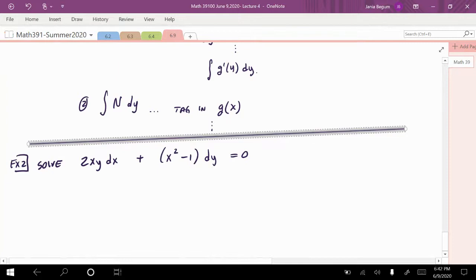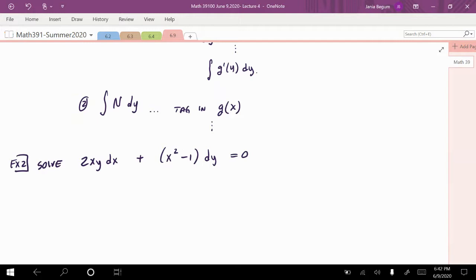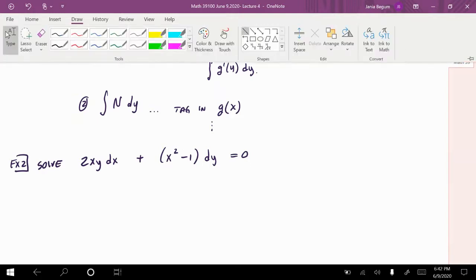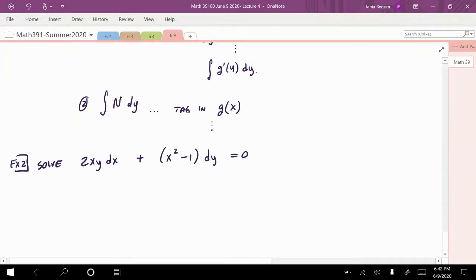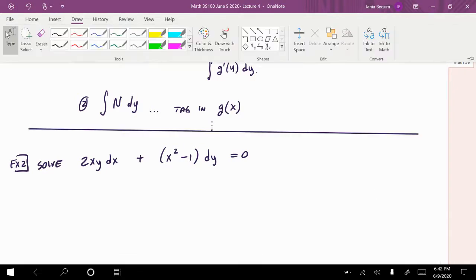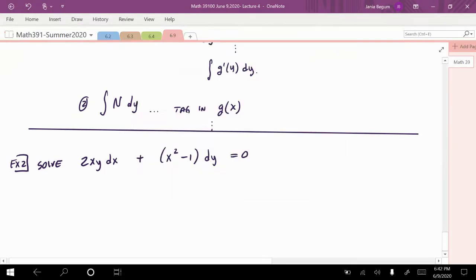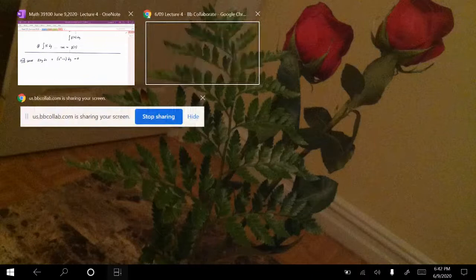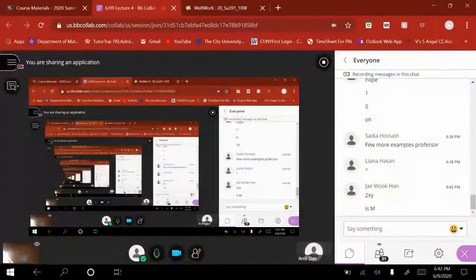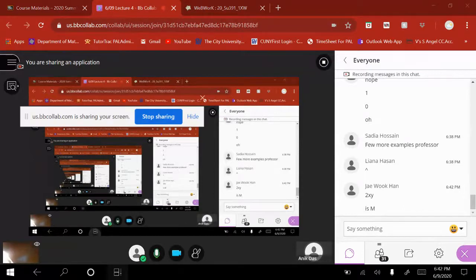The way for us to do that is to actually identify which one is m and which one is n. So which function is my m and which function is n? So 2xy is m, that's what J says.